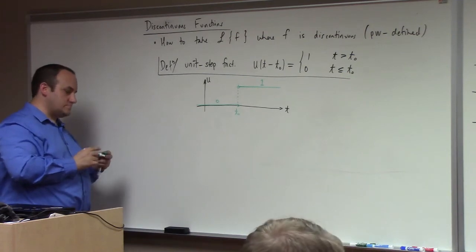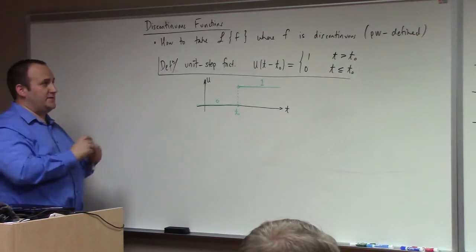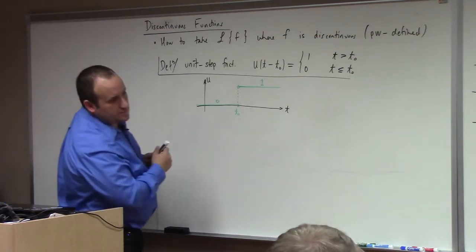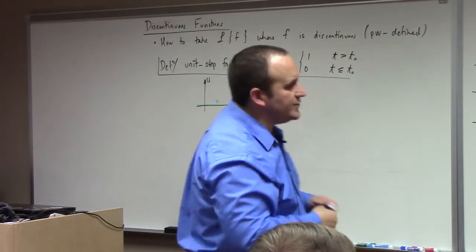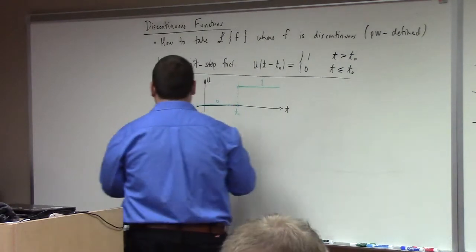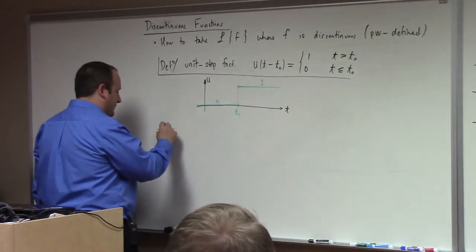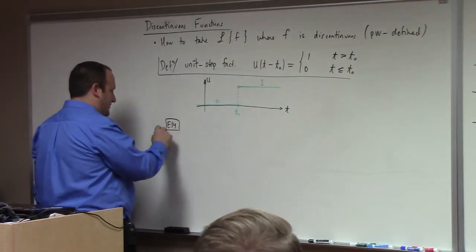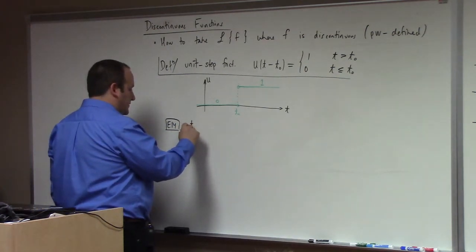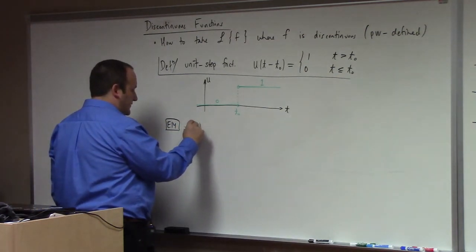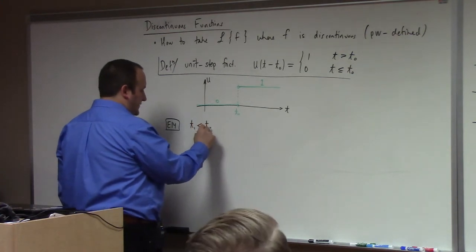So one of the things you can build from this, example 14. I should probably restart the numbering. Oh well, it's kind of fun to have example 14 though. Suppose that T1 is less than T2 for the sake of discussion.